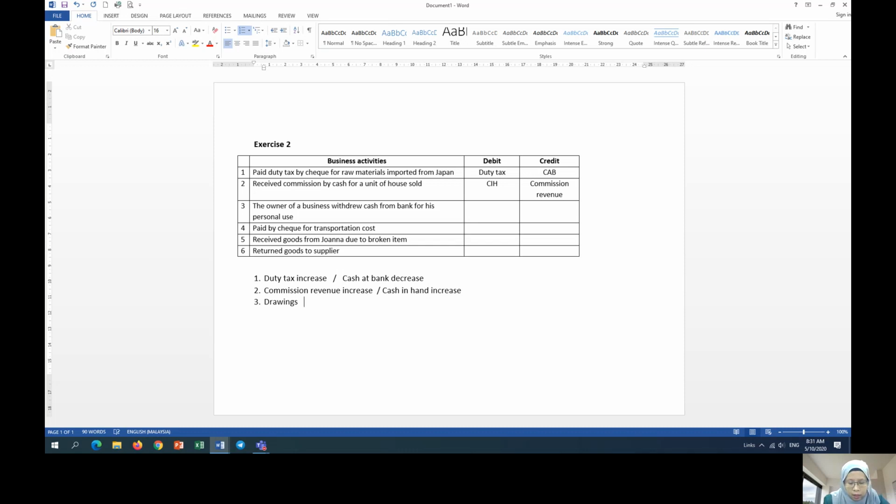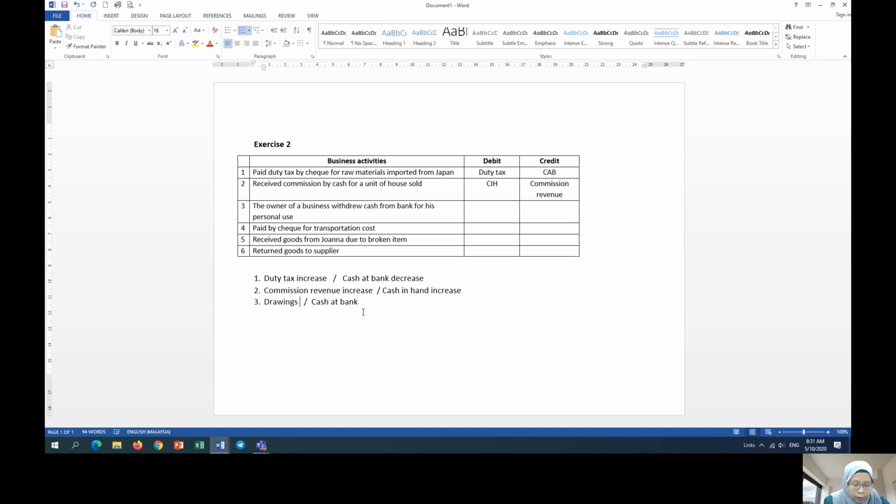And the other one is the drawing was made from the business cash at bank, cash from bank. Cash from bank mean that ambilan itu telah dibuat daripada duit dalam bank. The withdrawals has been made from the business cash at bank. So you have cash at bank.